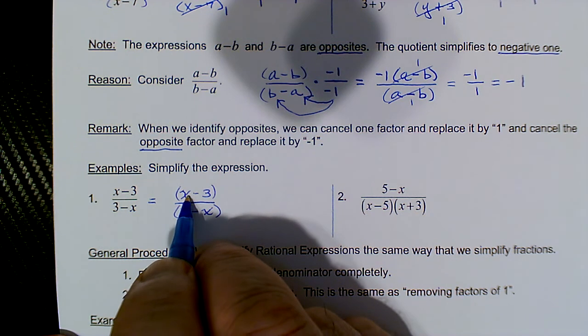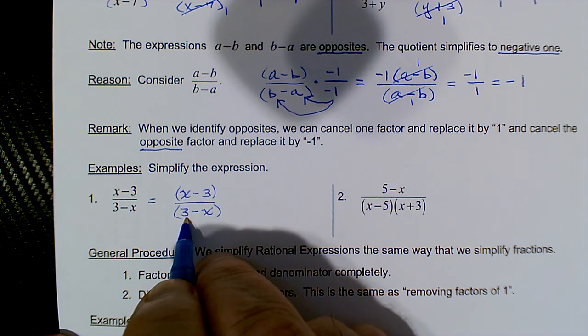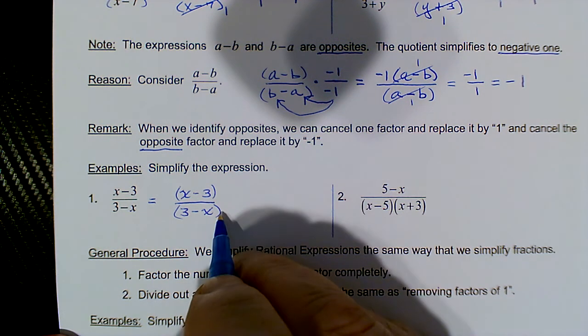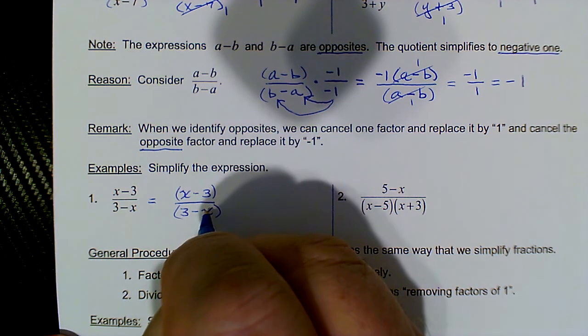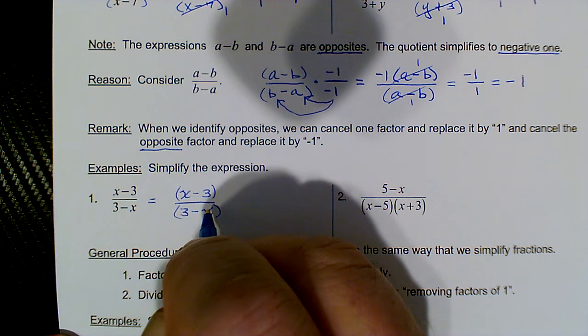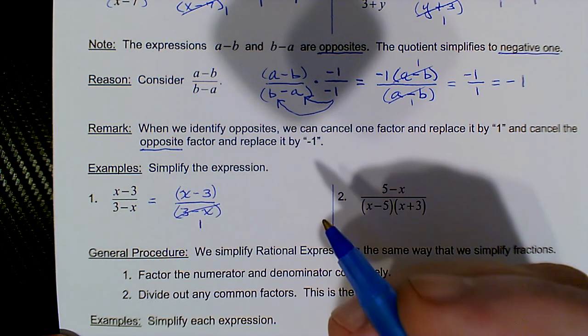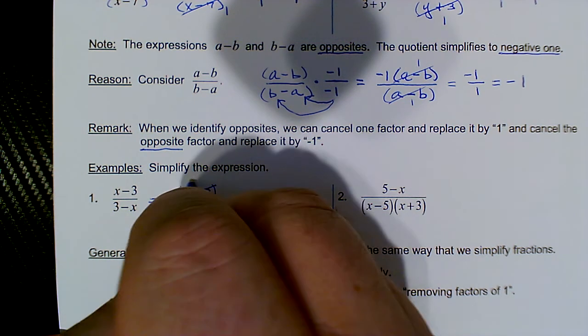They're in the opposite order, so it's pretty easy to see. So once you recognize them as being opposites, you cancel one of them out and replace it by a 1. And typically we like to cancel the 1 in the denominator and replace it by the positive 1. And then we cancel the 1 in the numerator and replace it by a -1. And so that gives -1 over 1, which you really don't need to write.